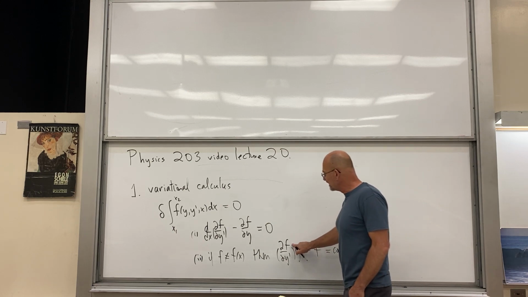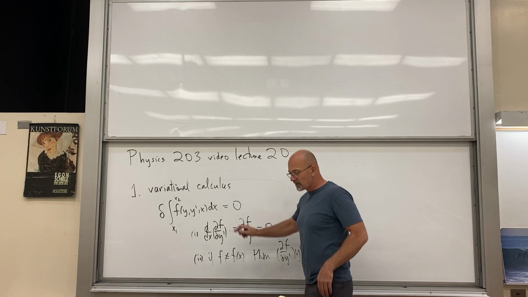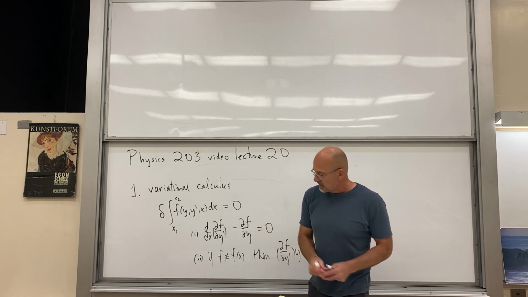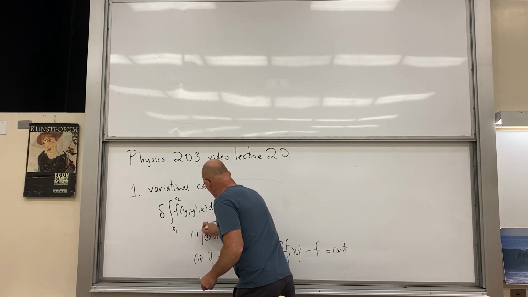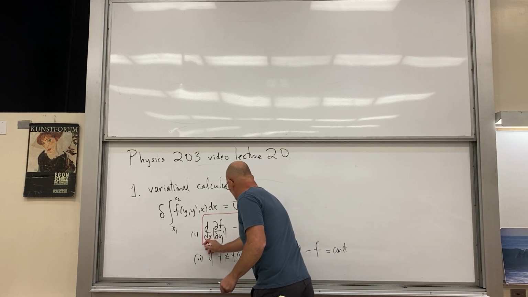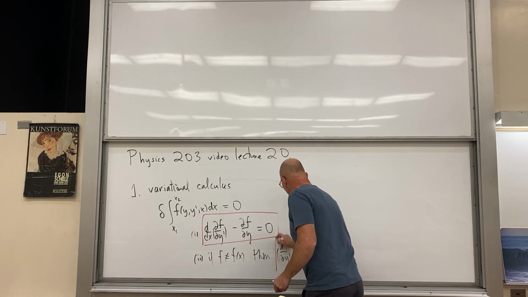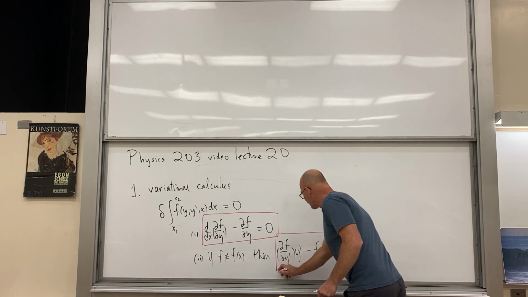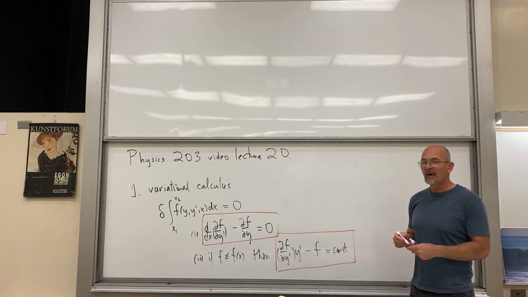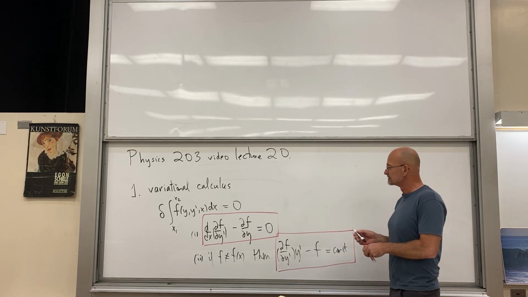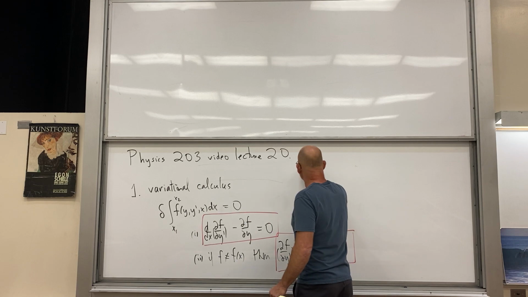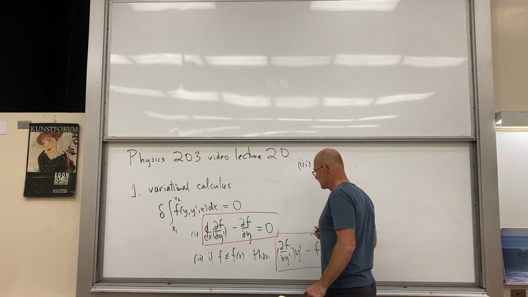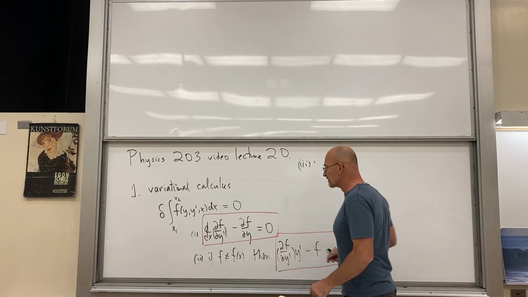And then to continue solving the problem, either with the Euler-Lagrange equation or with this second form, in both cases we want to reduce the problem to a quadrature. So here is point 3.